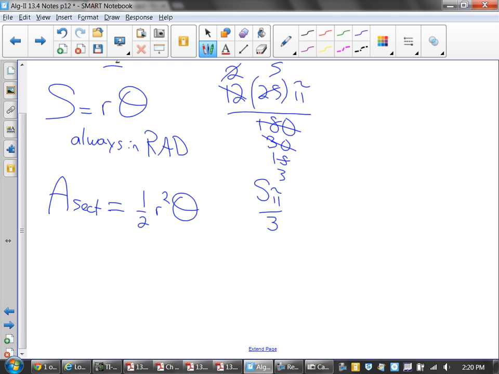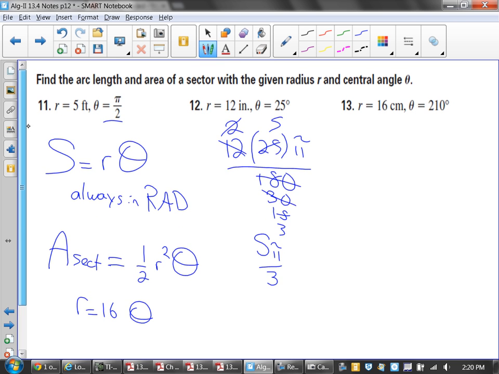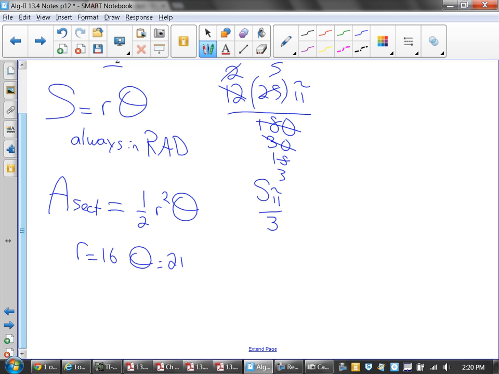Some people have found that it's a little bit cleaner to do it that way. It doesn't matter, whichever one you want to do. I think the other example was r was 16 and theta is 210, and I want to find the area of the sector that has that information.